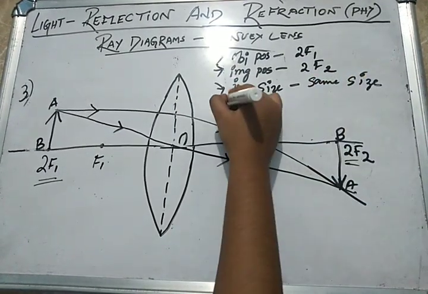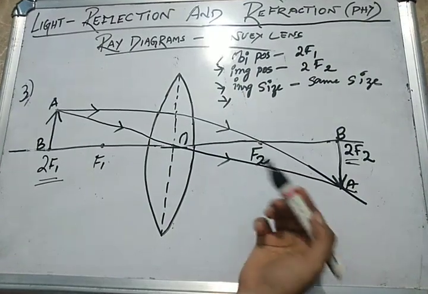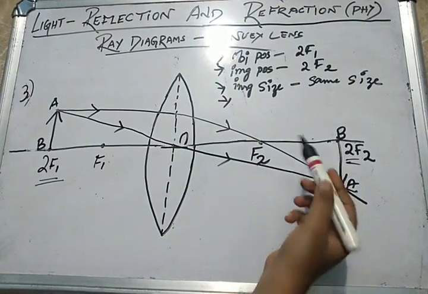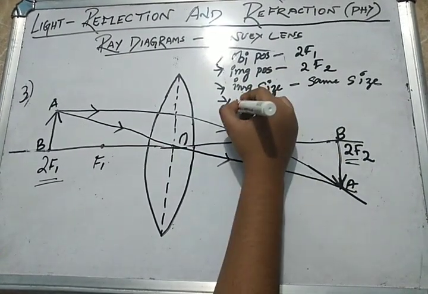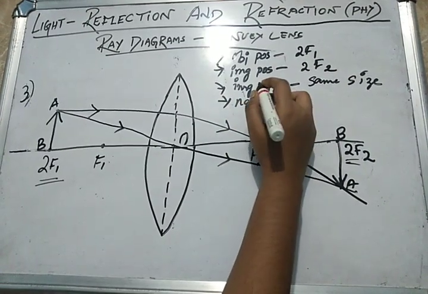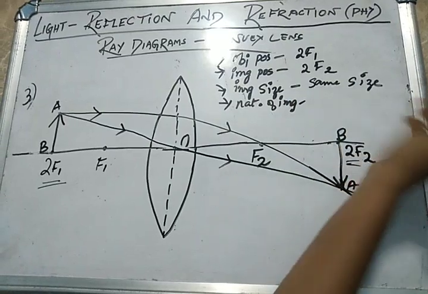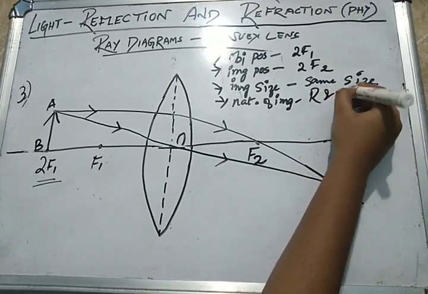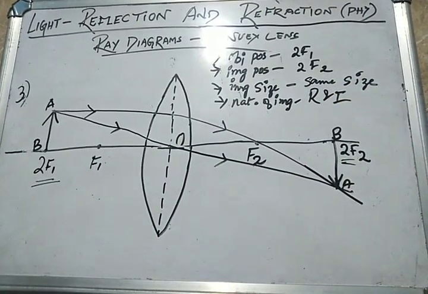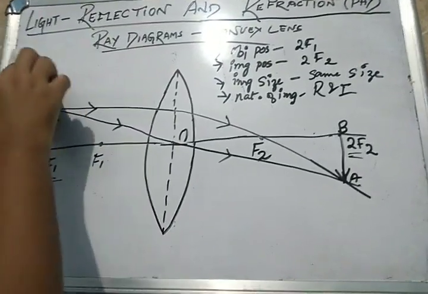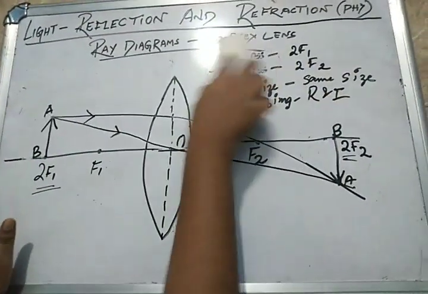And what is the nature of the image? How is the image? It is real and inverted. So nature of image, real and inverted.